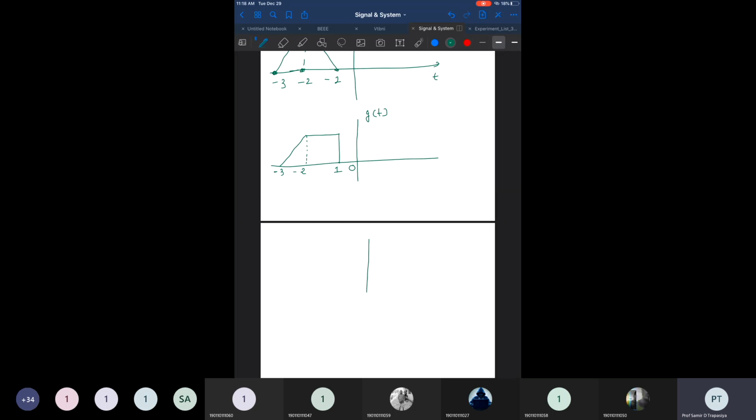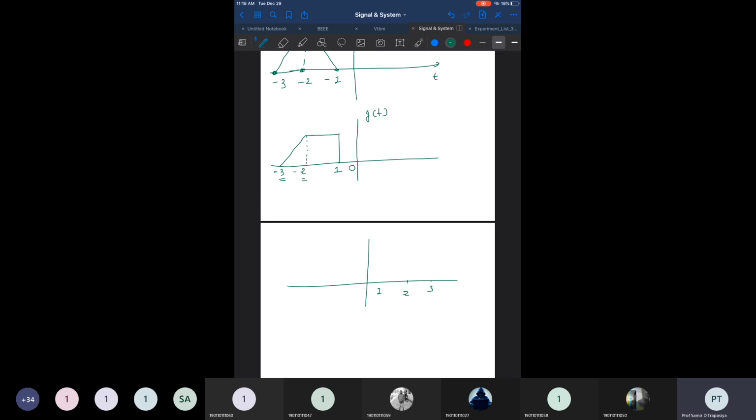So after flipping, the point which is available at -3 should now be available at 3. The point which is available at -2 should be available at 2, and the point at 1 should be available at -1.